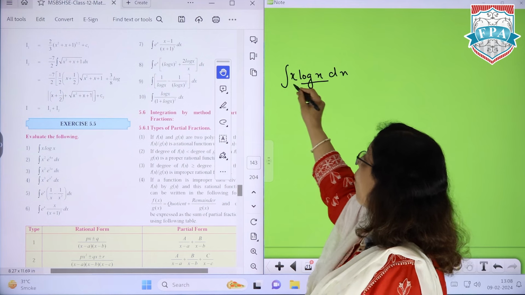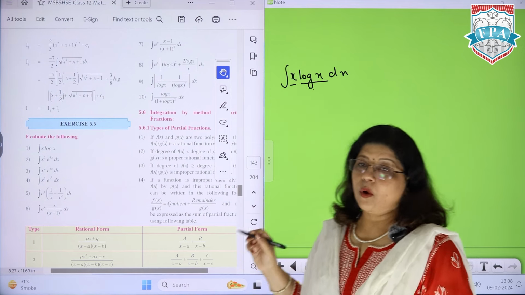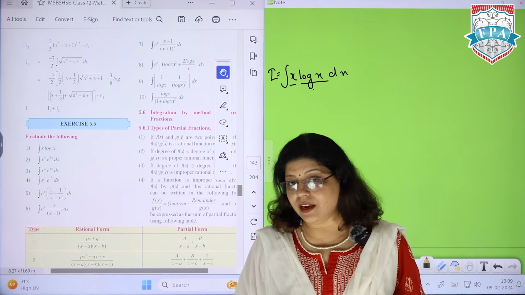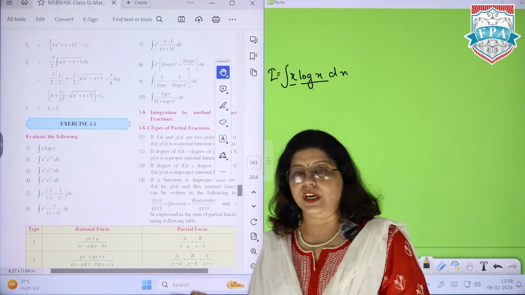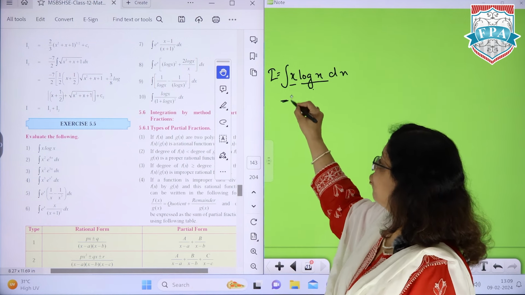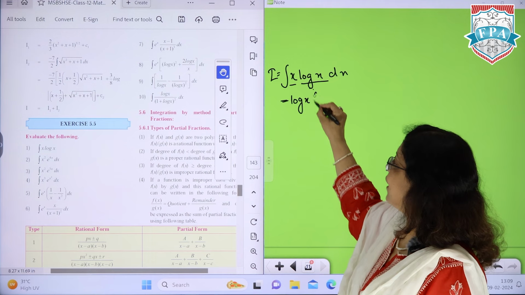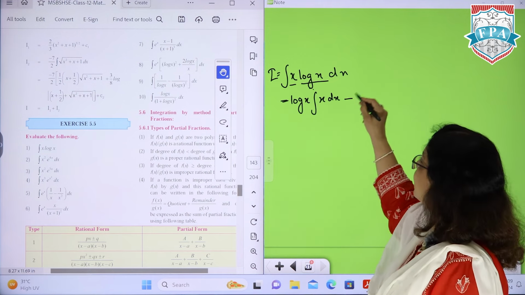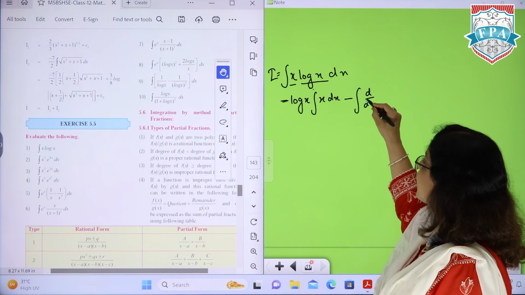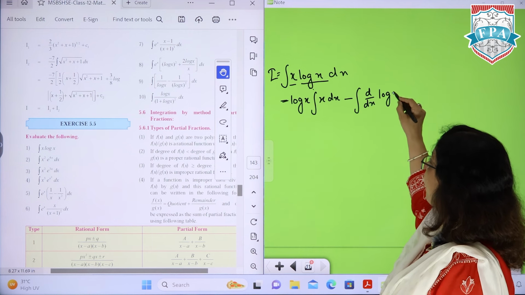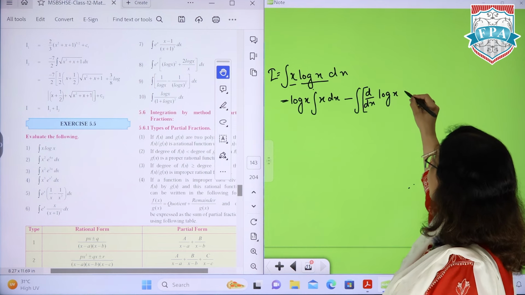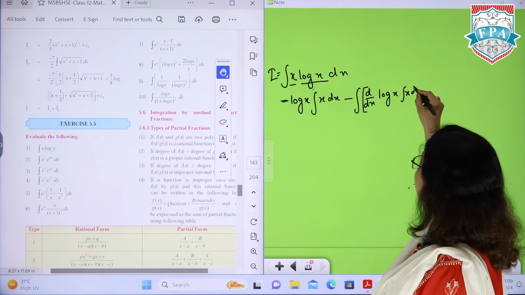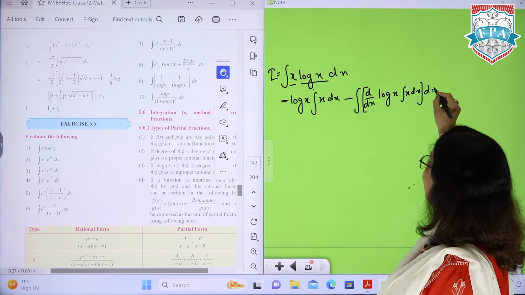Now there are two terms, log x and x. So first we have to take log x as u because the rule is LAE, and x will become your v. So when we apply integration by parts, it becomes log x integral v dx, which is x dx, minus integral d by dx of log x, put a big bracket over here, then the integral of x dx, and then dx again.